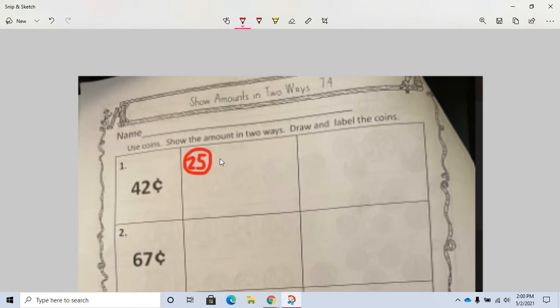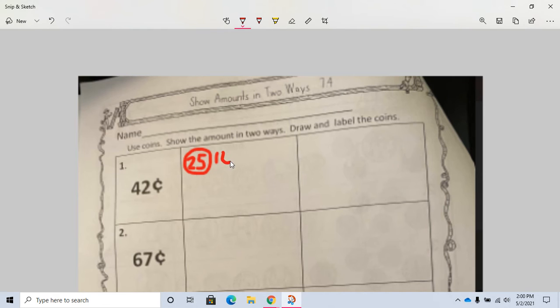Yes, that's a dime. Can I add 10 onto 25? Well, 25 added to 10 would turn the 2 into a 3, and we'd be at 35. 35 is still smaller than 42, so I can use my 10 here.